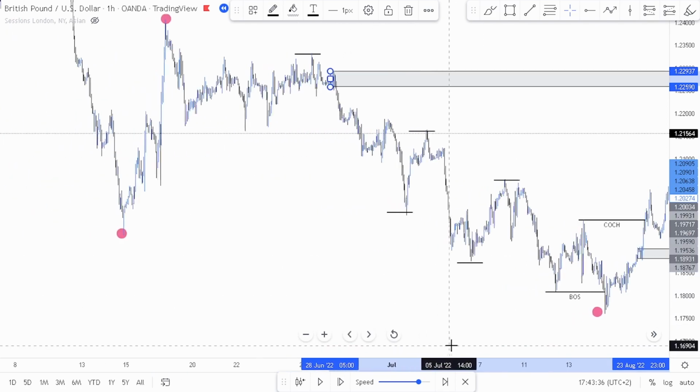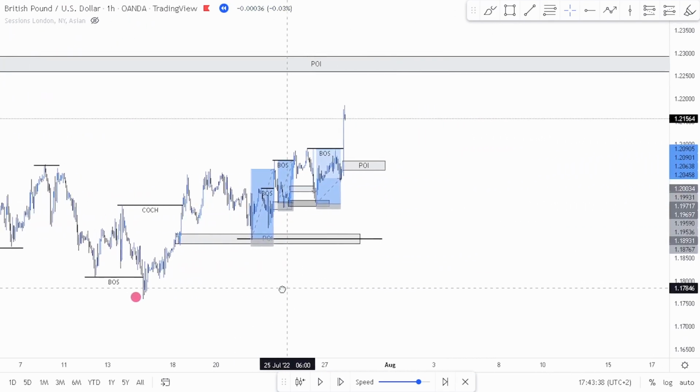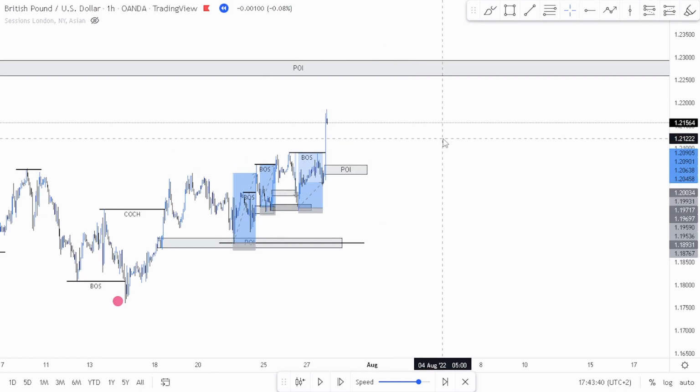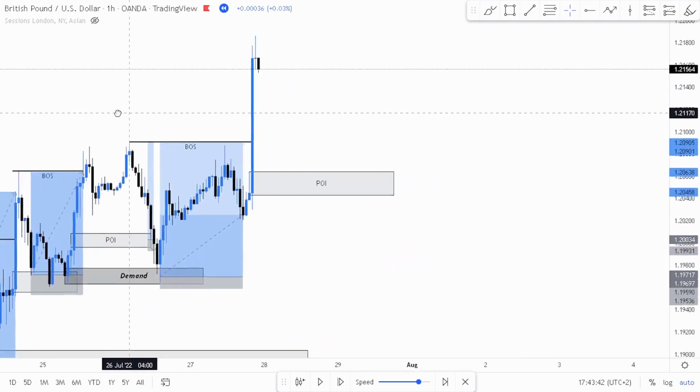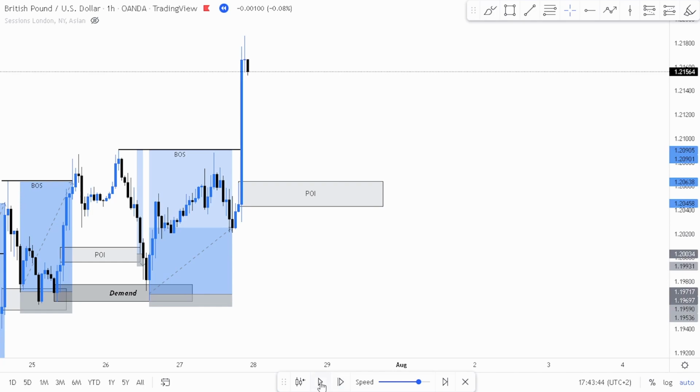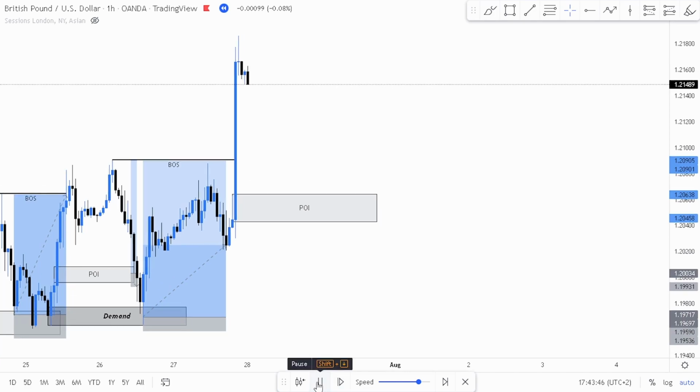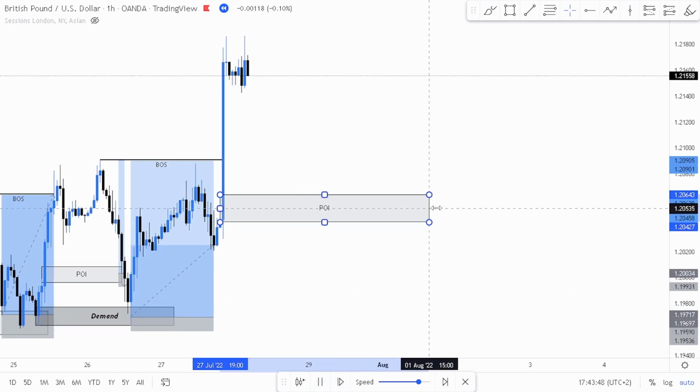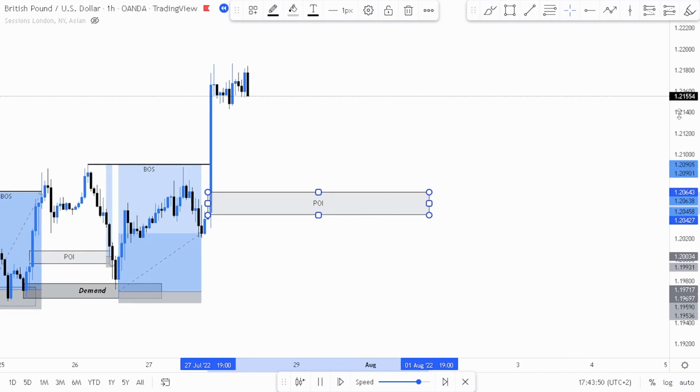So it's all this small information about smart money concepts that actually helps you with your trading. So yeah, guys, let us continue and see what price actually does. So we've marked out our POI, and let us see what happens.